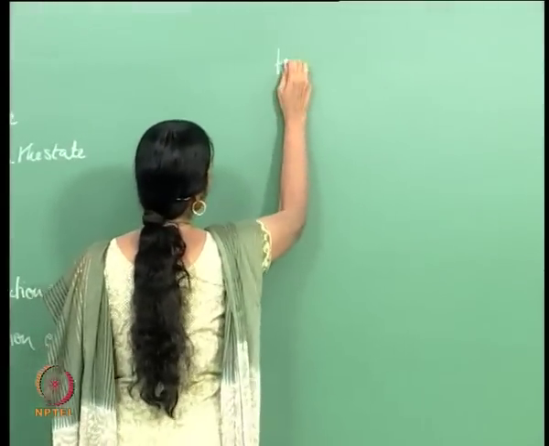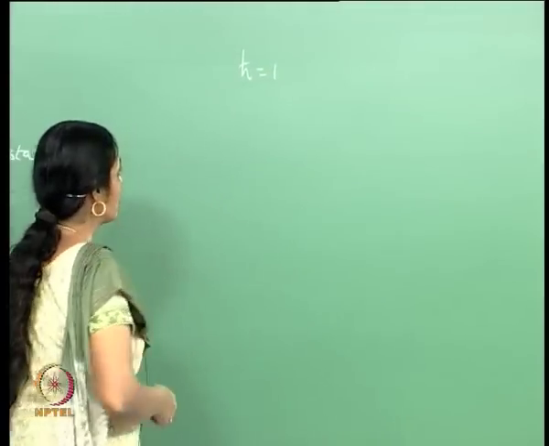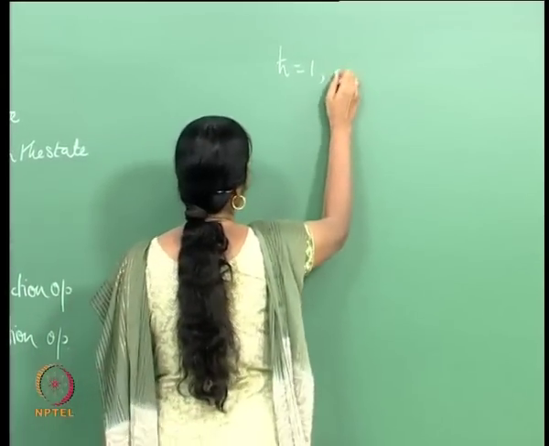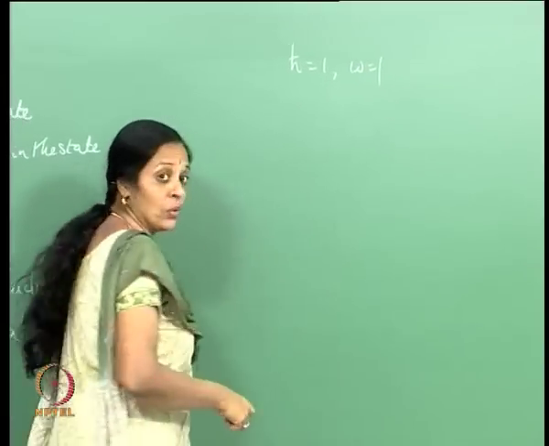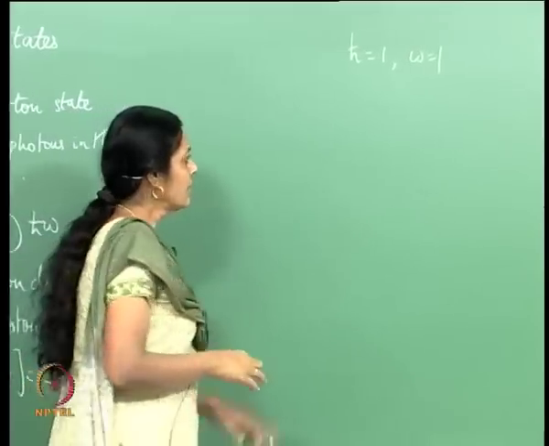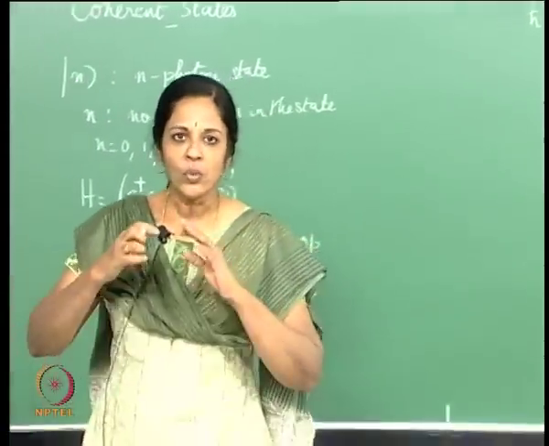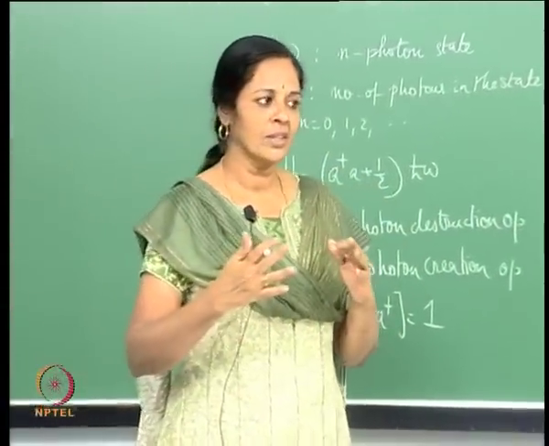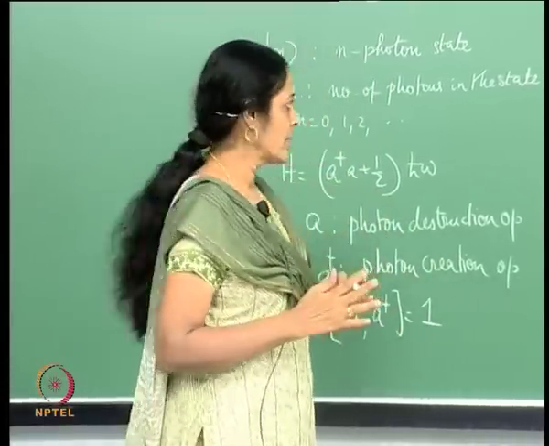I work with units h cross equal to 1, possibly omega equal to 1, just for convenience. We can always put back the h cross and the omega using dimensional arguments.